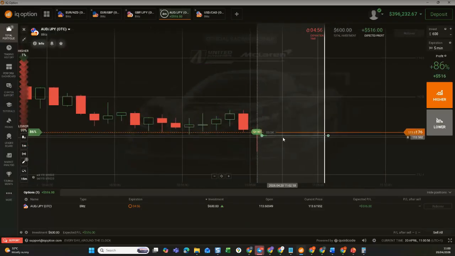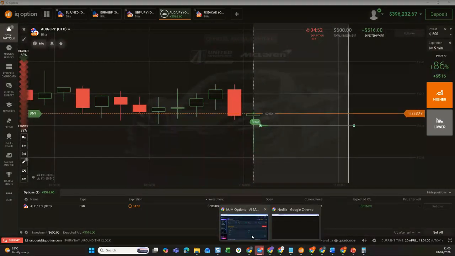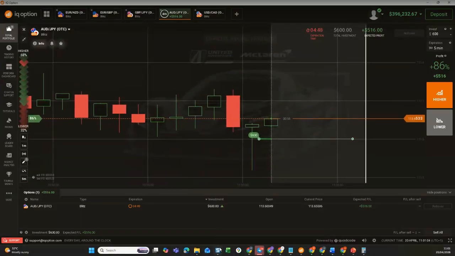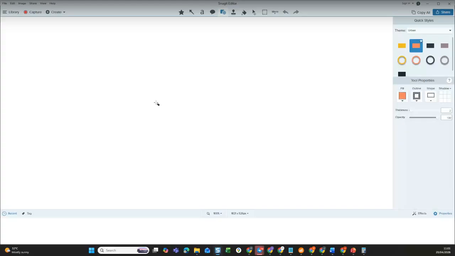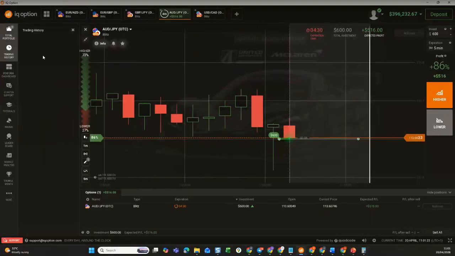So I am going to send in the last signal. Where is it? This is it. So GBP card, this was the fourth signal. Then the next one is the profits we made on it earlier.